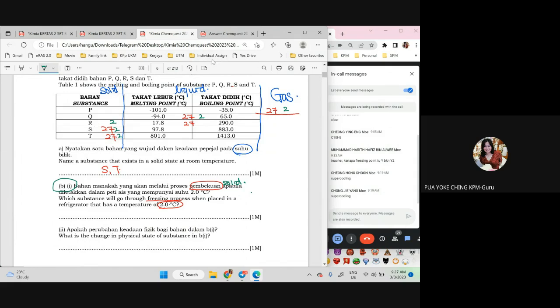Okay. Tapi untuk soalan B1, we only accept R. Okay. We only accept R. Why? Kenapa hanya R saja diterima, yang lain tak boleh?